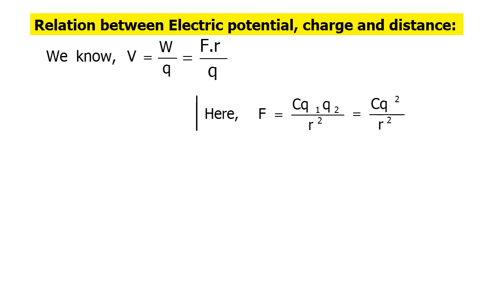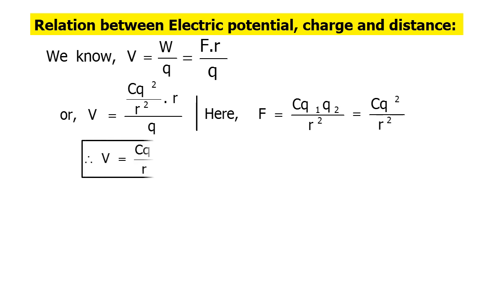Now if we put the value of F in the formula of V, then we can write V equals C Q square by R square into R divided by Q. If we cancel R and R, Q and Q square, then we can write V equals C Q by R. That is the formula to calculate the electric potential. In that formula, V depends on two quantities, which are Q and R. Here C is the constant, the charge is proportional to the potential, and R is inversely proportional to the potential.